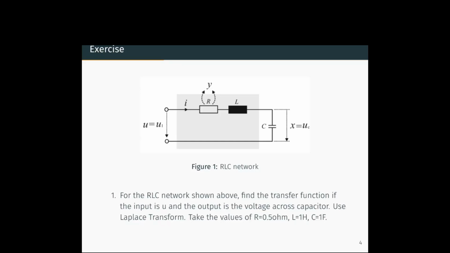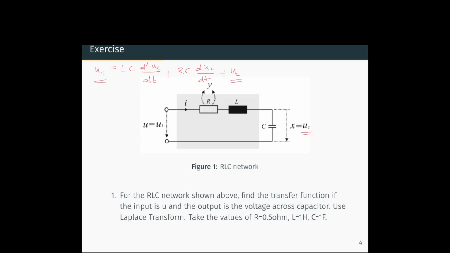So the input is UI and the output is the voltage across the capacitor. The differential equation is UI equal to LC d square UC by dt square plus RC dUC by dt plus UC, where UC is the voltage across the capacitor and UI is the input voltage.